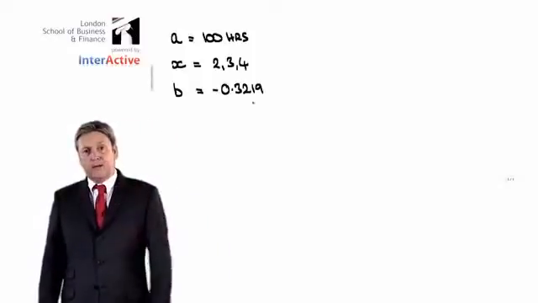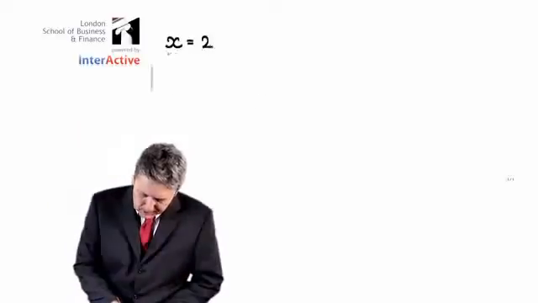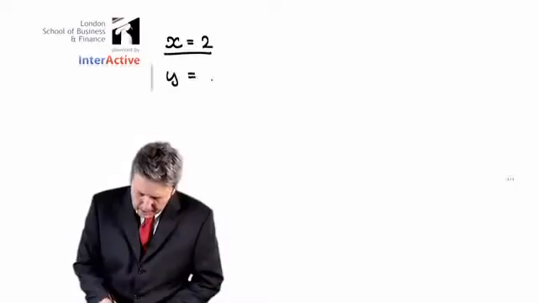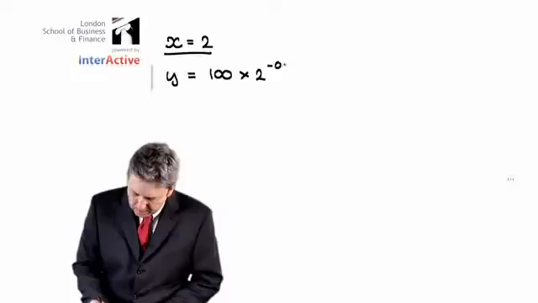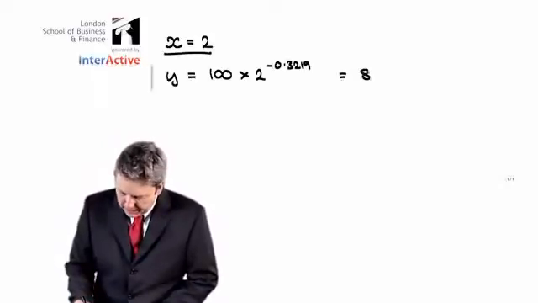Well, okay, given that we have those values, let's just look at how it works. If X equals 2, Y equals 100 multiplied by 2 to the power minus 0.3219. Pop that in the calculator and you get the value 80.